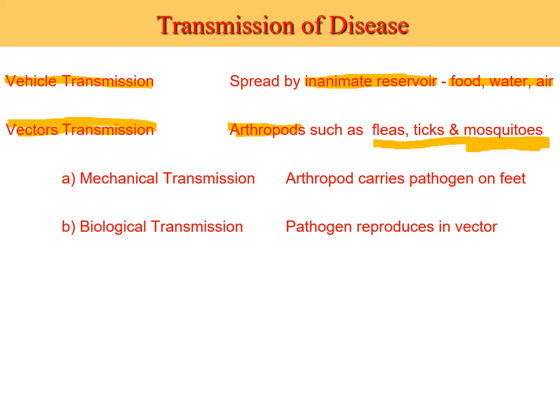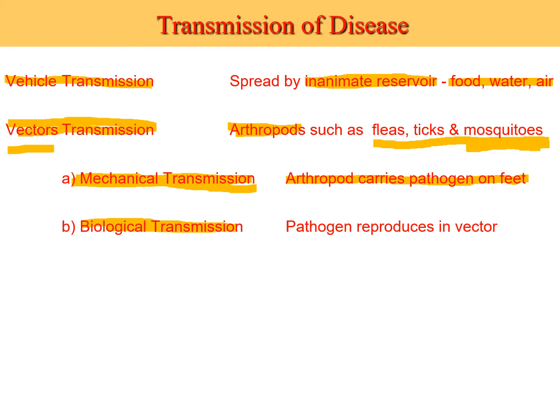Now, an insect vector could transmit mechanically, so you can have mechanical transmission mediated by a vector, and that's when the insect carries the organism on its feet and touches the food. It goes from something that's contaminated to the food, and then contaminates that, and then you eat the food. That's a problem. Or it could involve a biological transmission.